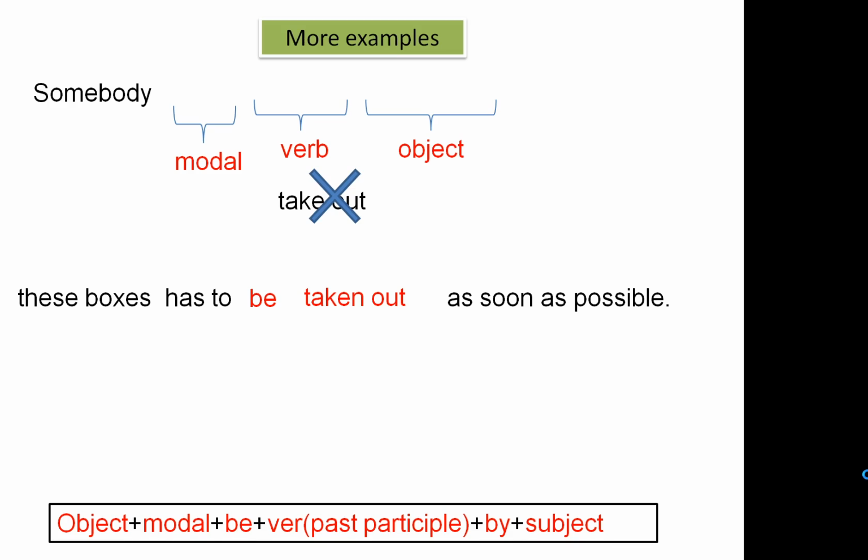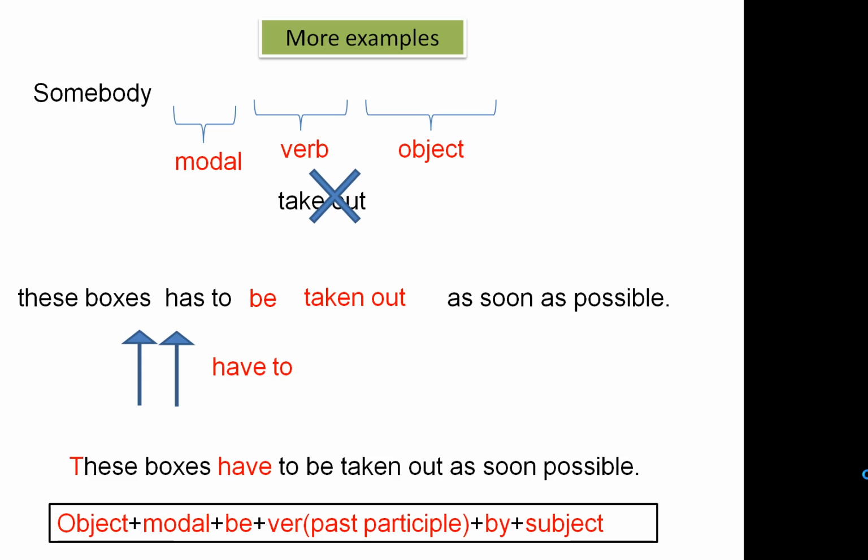Now I can look at the sentence and see that something is not normal here, because we have these boxes plural and we have has to be, which is not correct. So the correct form must be have to. So the sentence is: these boxes have to be taken out as soon as possible.